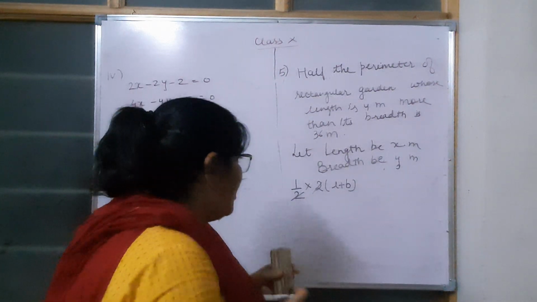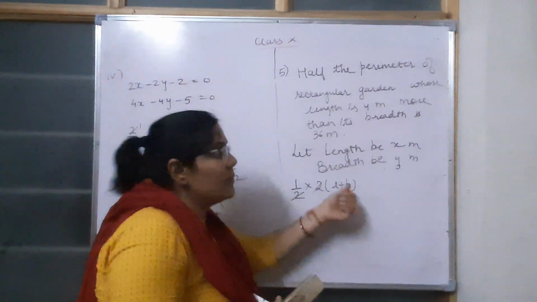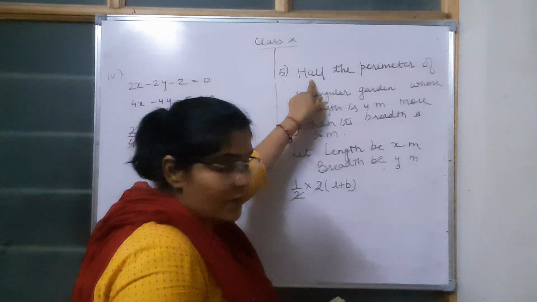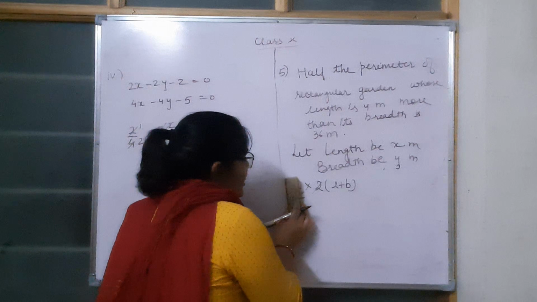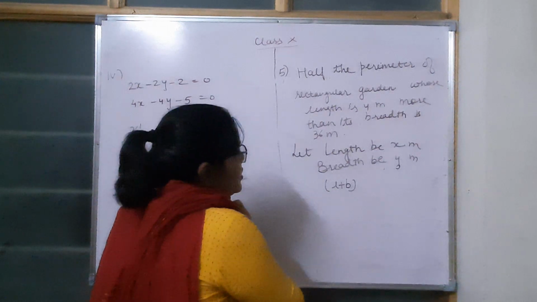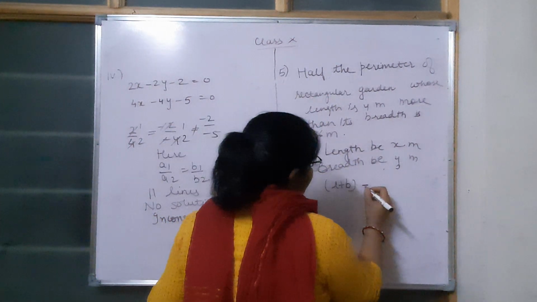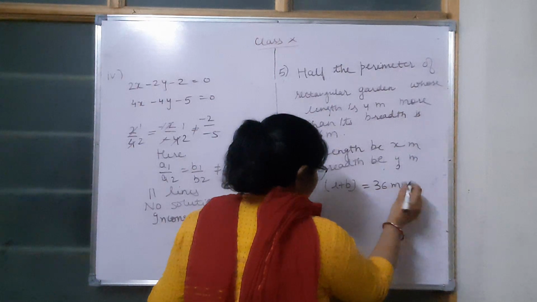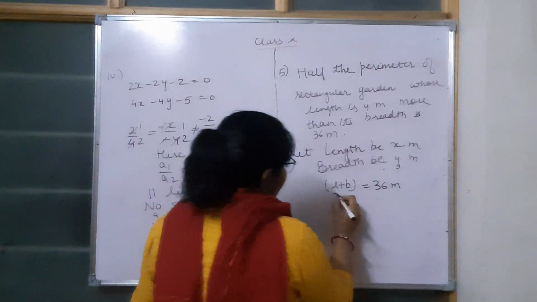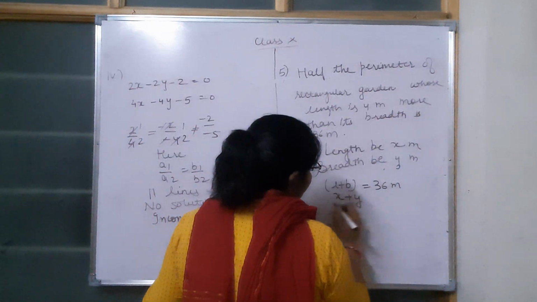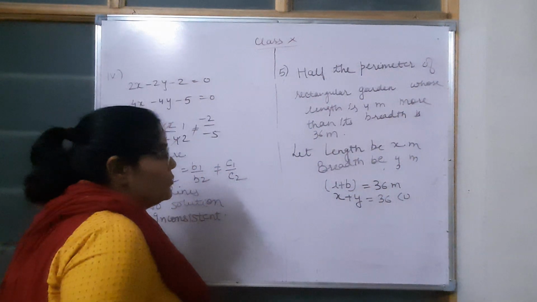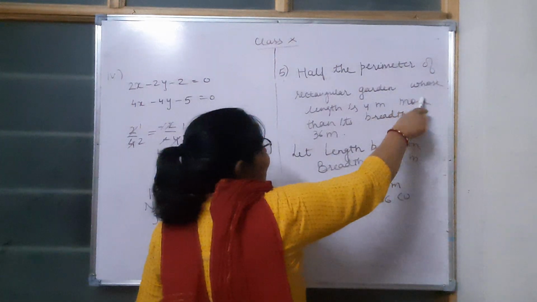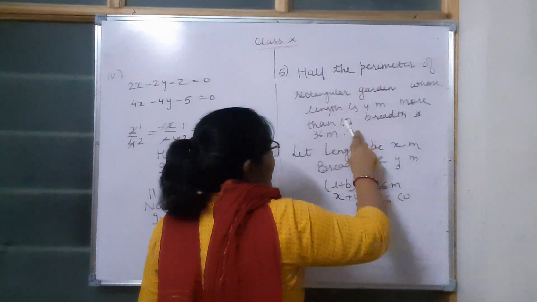L plus B. Perimeter is 2 into L plus B. They want you to find the half, so that's why I multiplied with half. 2 and 2 cancel. So half of the perimeter means L plus B. So this L plus B is given to you as what? 36 meter. Now in place of length I am putting x and in place of breadth I am putting y. So this is our first equation. Now next, length is 4 meter more than its breadth.